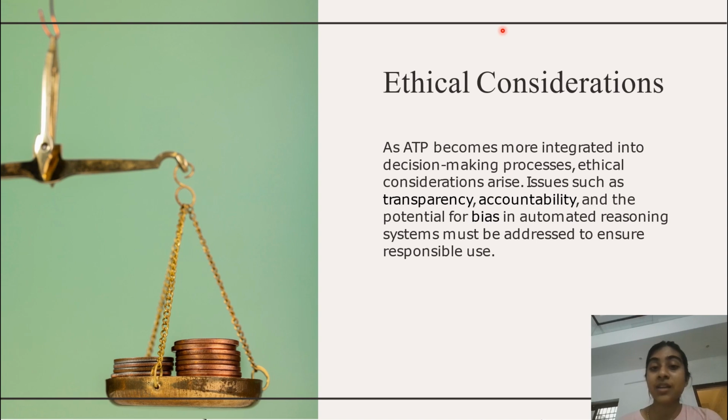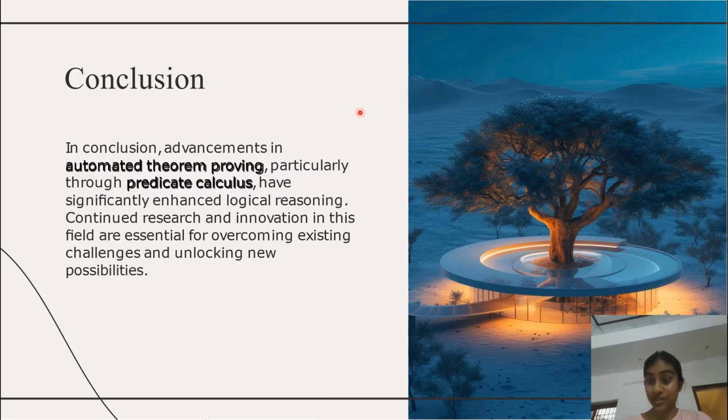ATP systems can inherit biases from training data, so ethical oversight is necessary to avoid these biases in automated reasoning. So now I'm coming to the conclusion.